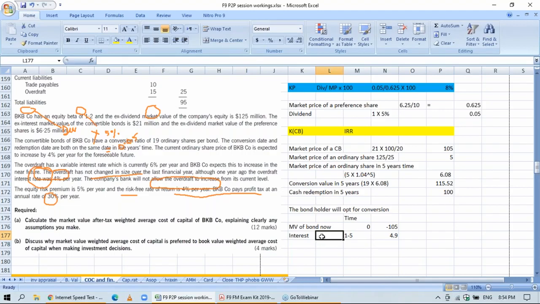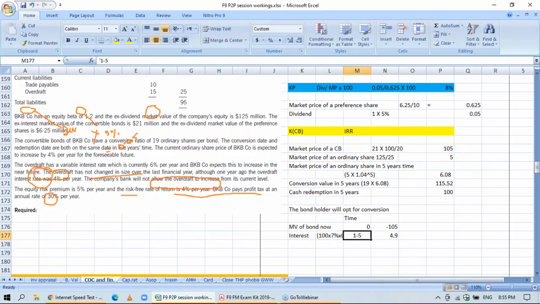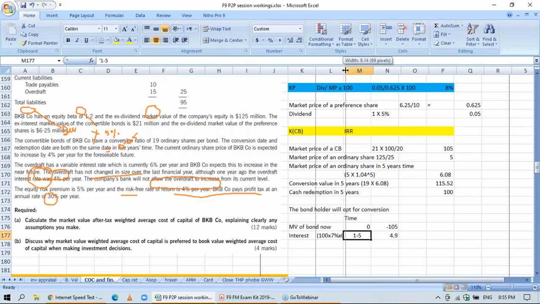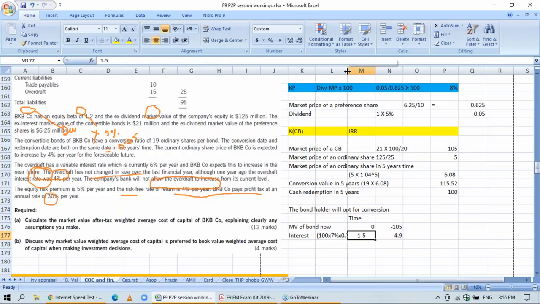So the working is 100 multiplied by 7% multiplied by 0.7. So this is the interest that he will be receiving, and that's positive. That's the cash inflow for the investor.